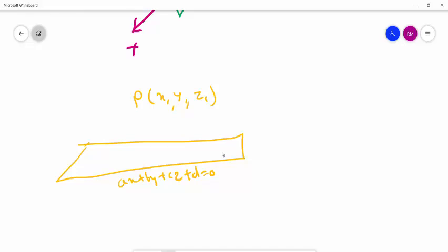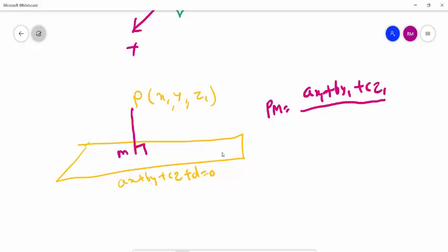Then if you draw the perpendicular, this length, suppose this point is M, then the distance of the point P from this plane, that is PM, is given by the formula: modulus of ax1 plus by1 plus cz1 plus d, whole divided by square root of a square plus b square plus c square.